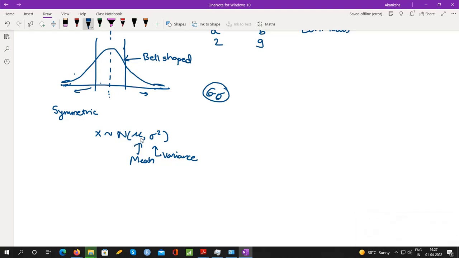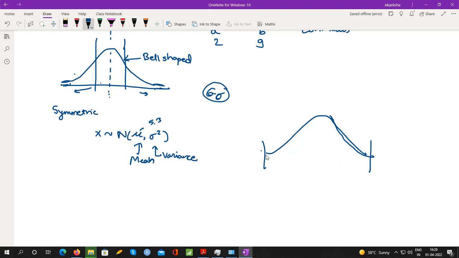So we say that x follows normal distribution with mean mu and variance sigma square. For example, for height, this mean could be somewhere around 5.3 or 5.4 feet for females, and then maybe something like 5.5 or 5.6 for males, at least in India. And sigma square gives us an idea about the spread. How does it give an idea about the spread? When I say that this is my normal curve, the spread depends on sigma.